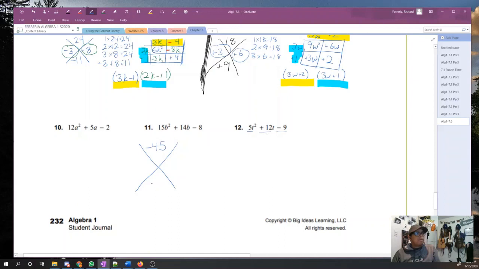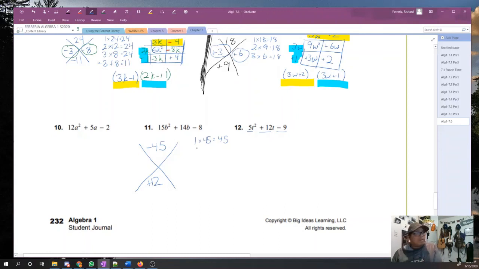Positive 12 goes down here, plus 12. And then we start thinking our factors of 45. Try to be systematic. 1 times 45. Added, that's 46. Subtracted, that's 44. Doesn't work. 2 doesn't work.